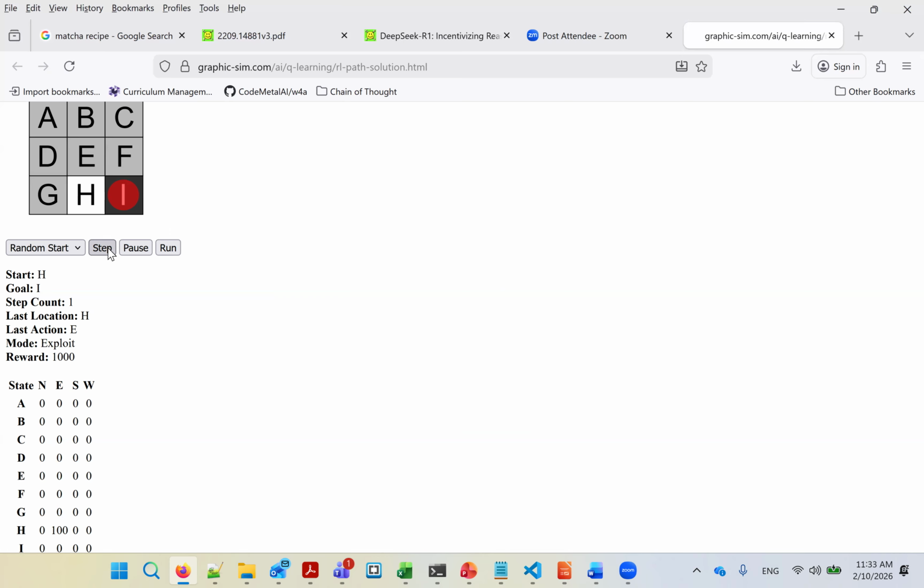The reward is 1,000 when we get to the solution, which we just did. So 0.1 times 1,000, that's 100. Plus this, the best we expect to get in the new state. What's the best we expect to get in state I? 0. So we can ignore this. So it's 0.1 times 1,000, it's 100. And that's the increment that we saw.